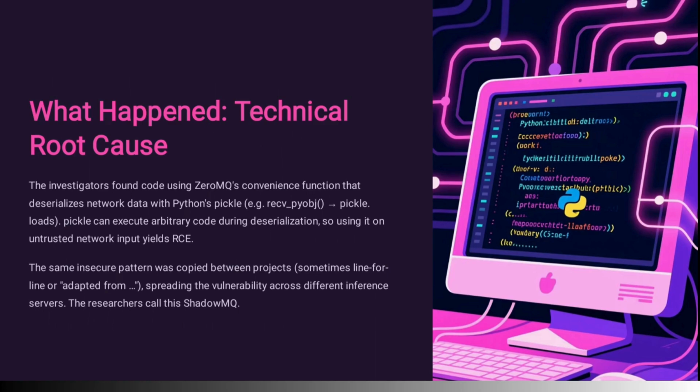Pickle can execute arbitrary code during deserialization, so using it on untrusted network input yields RCE. The same insecure pattern was copied between projects, some lines adapted, spreading the vulnerability across different inference servers. Researchers call this ShadowMQ.